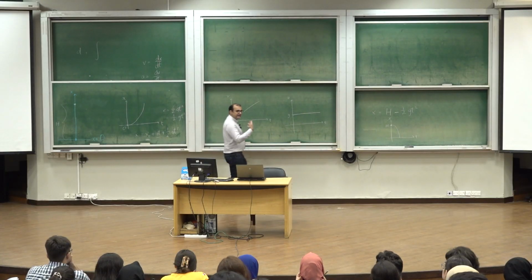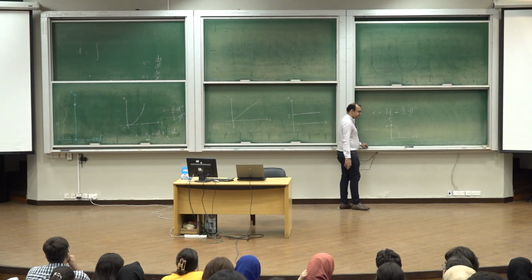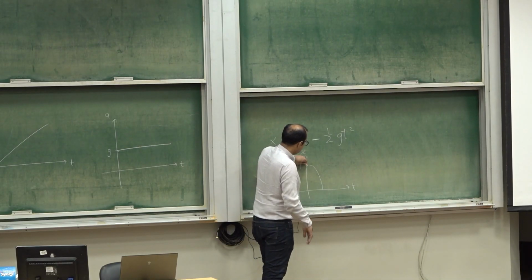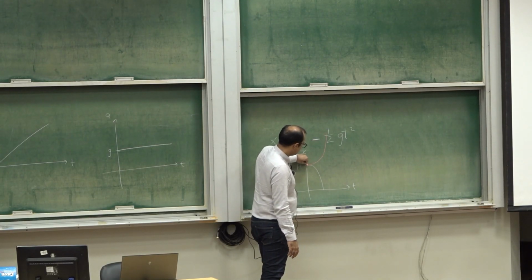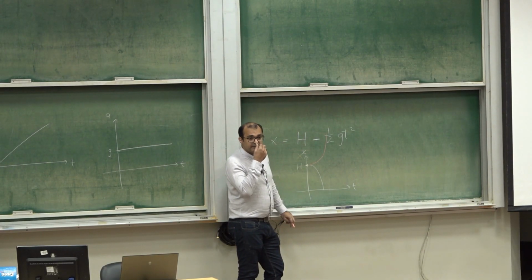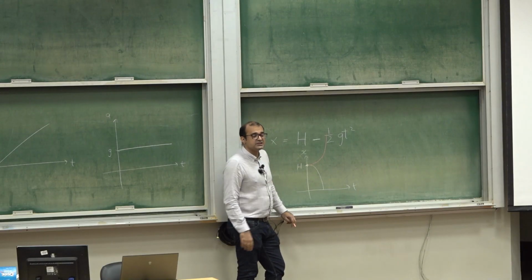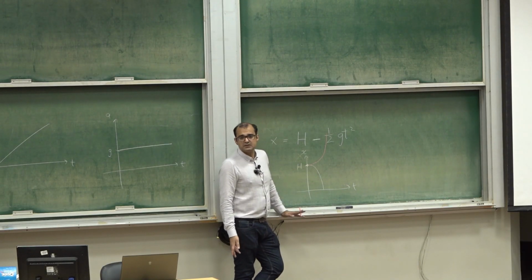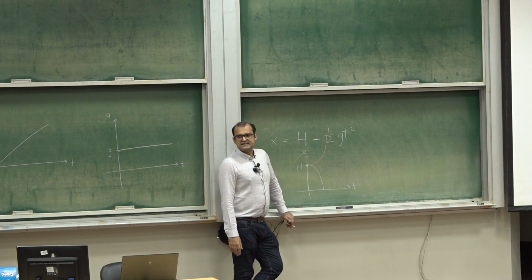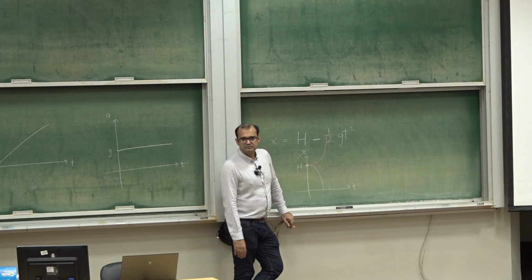If it was h plus half gt square, which many people are fond of doing, that's the curve. And that means that if I ask now the question, what happens to this object at long times, it has escaped to infinity, which is of course utterly nonsense.